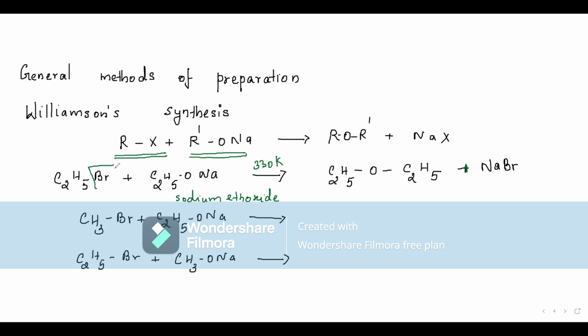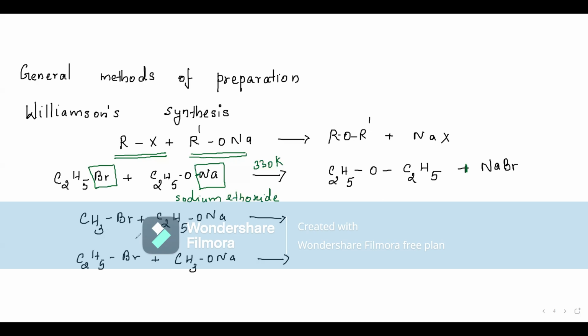NaBr is eliminated. This is the Br and this is the Na that we are taking out, and just connect the remaining parts together: C2H5OC2H5. The name is already known to us: diethyl ether or ethoxyethane.